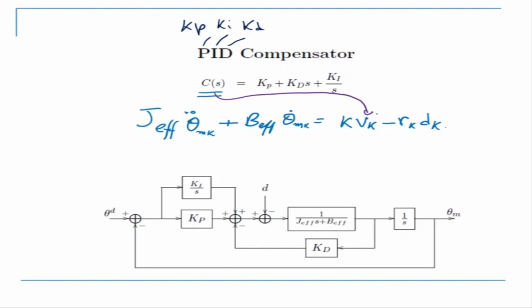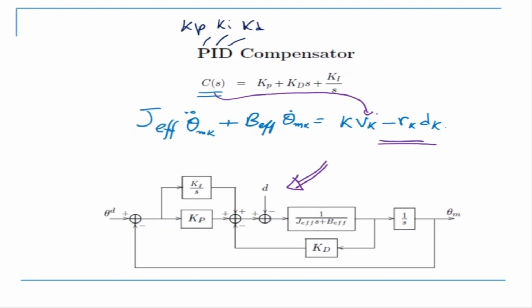And then I do exactly the same thing. I take theta ds, and on the right hand side we are left with these terms. So basically this is my control system diagram for a PID controller.